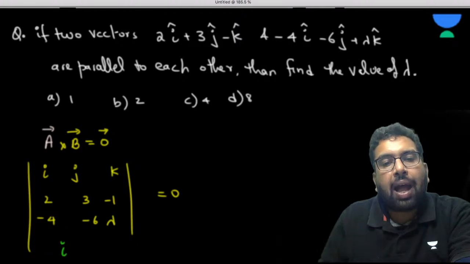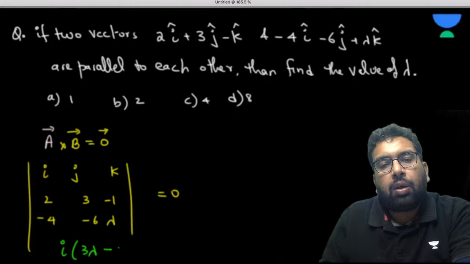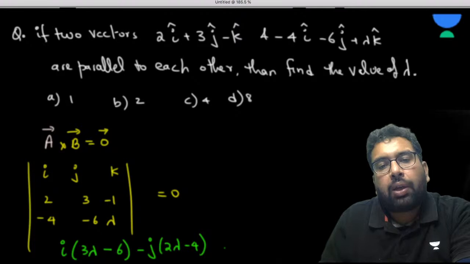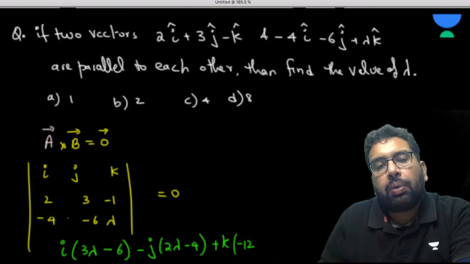So it will become i, 3 lambda minus 6, minus j cap. So for j it is 2 lambda, and this is going to be minus 4, and for k it will be 2, that is minus 12, and this is going to be minus and plus 12. This is equal to zero vector.